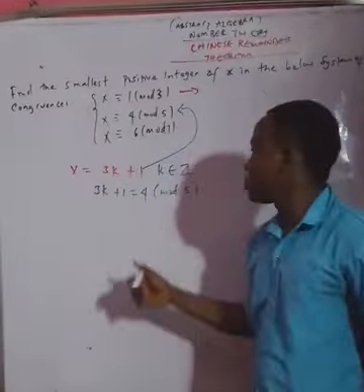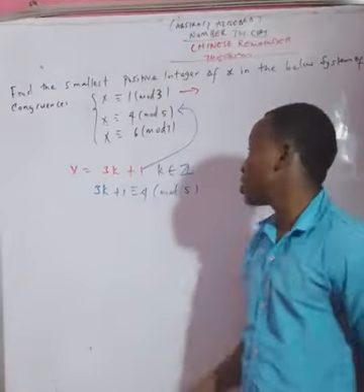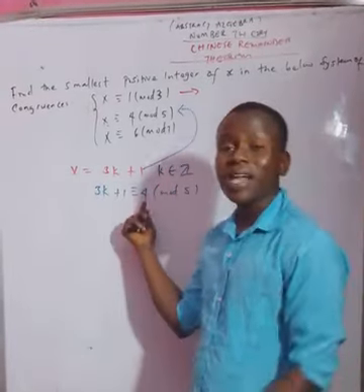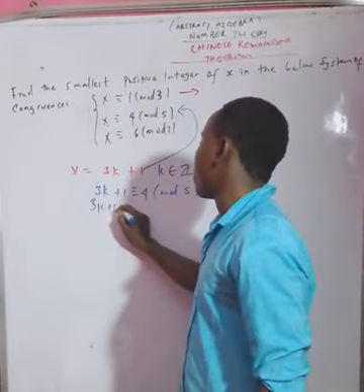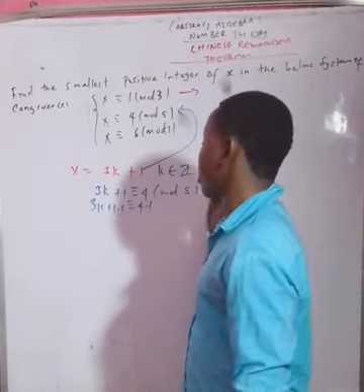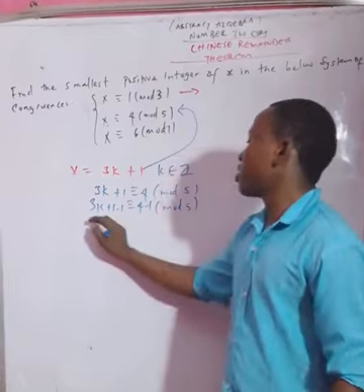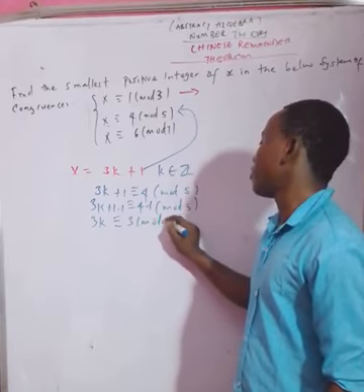Because congruences behave like equalities, we can do the same operations. So 3k plus 1 minus 1 is congruent to 4 minus 1 mod 5, so we have 3k congruent to 3 mod 5.